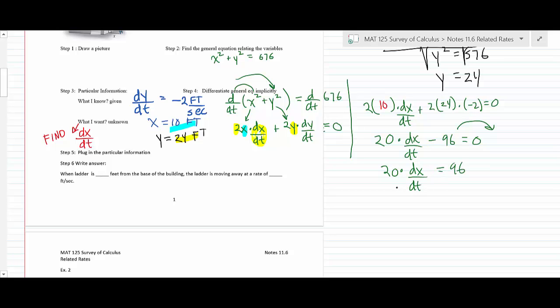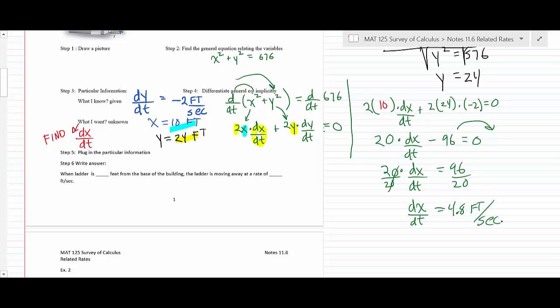And then what? Divide by 20. Then you want to get your calculator on this and see what you get. That's probably 4 point something, 4.8, yeah, that's right. So the rate that we're trying to find is 4.8 feet per second.